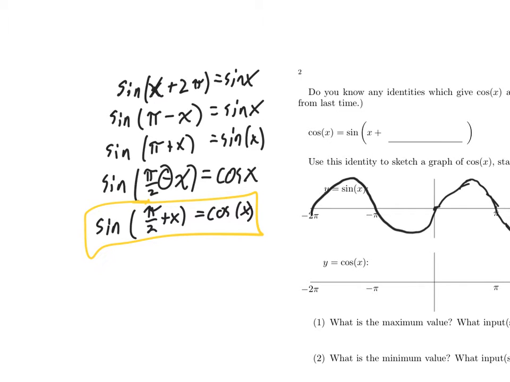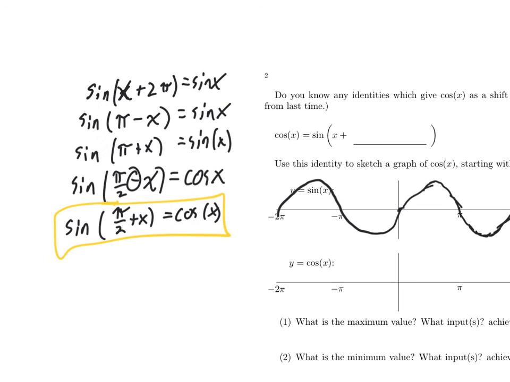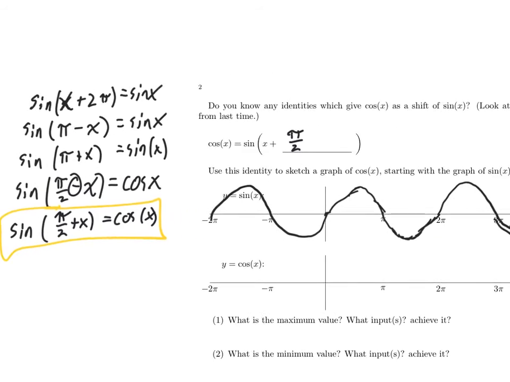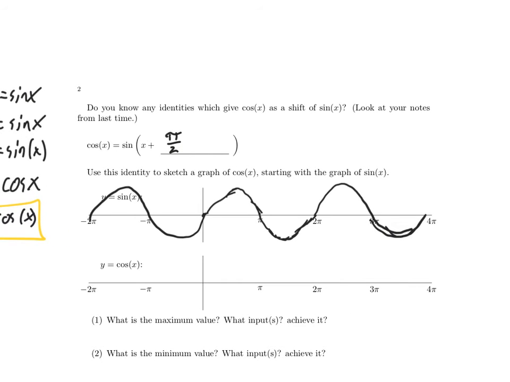So I know that cosine of x is the same thing as sine of x plus pi over 2. What does that mean about the graph? That says that the graph of cosine of x should be the exact same as the graph of sine of x, but shifted left by pi over 2.